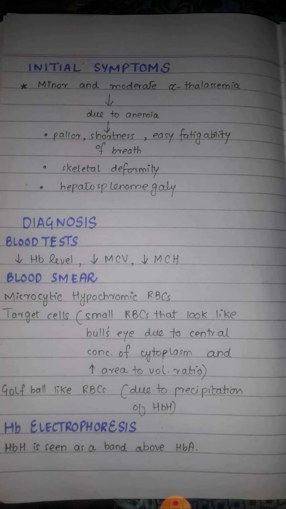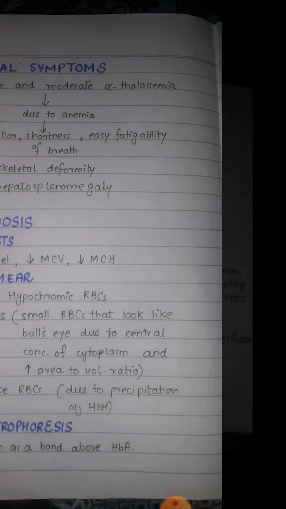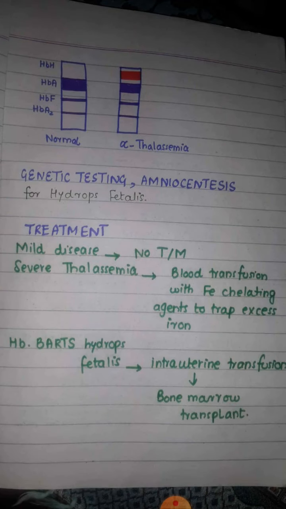Then we will perform hemoglobin electrophoresis to confirm our diagnosis. This is the electrophoresis test, in which this is a normal person and this is a person who is suffering from alpha thalassemia. We can see that in the person who is suffering from alpha thalassemia, hemoglobin A is decreased and hemoglobin H is present, which is produced by the beta globin chains.